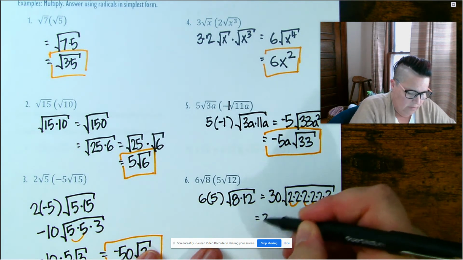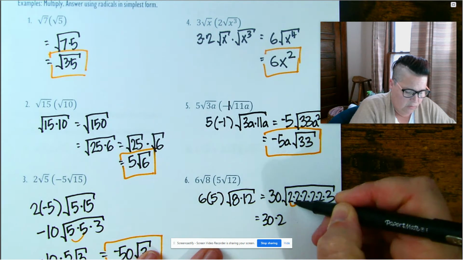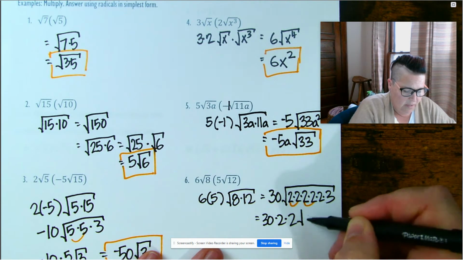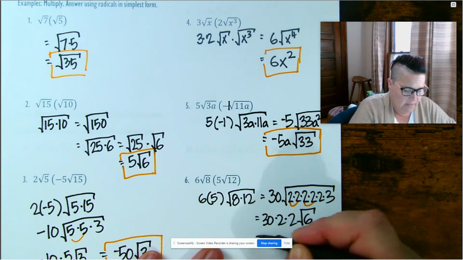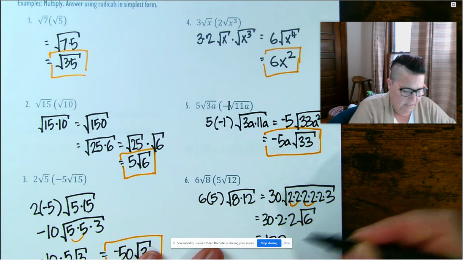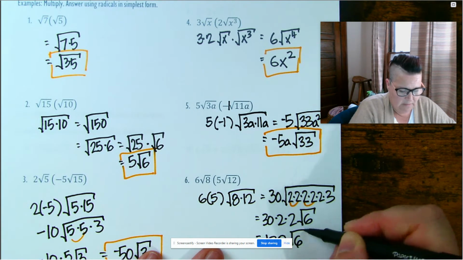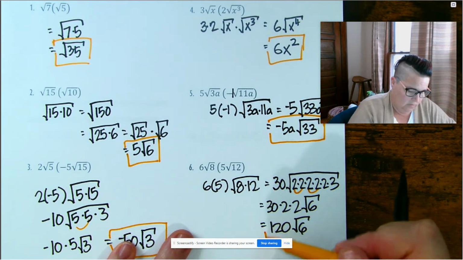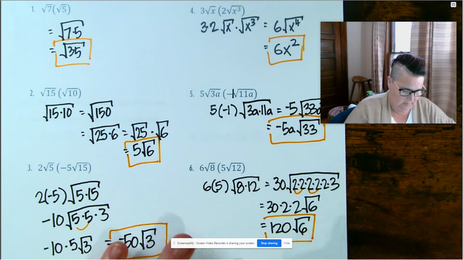So this will be 30 times 2 for the first pair, times 2 for the second pair, times the square root of 6, or 120 square roots of 6. Oh, we're boxed in there. We got 120 square roots of 6.